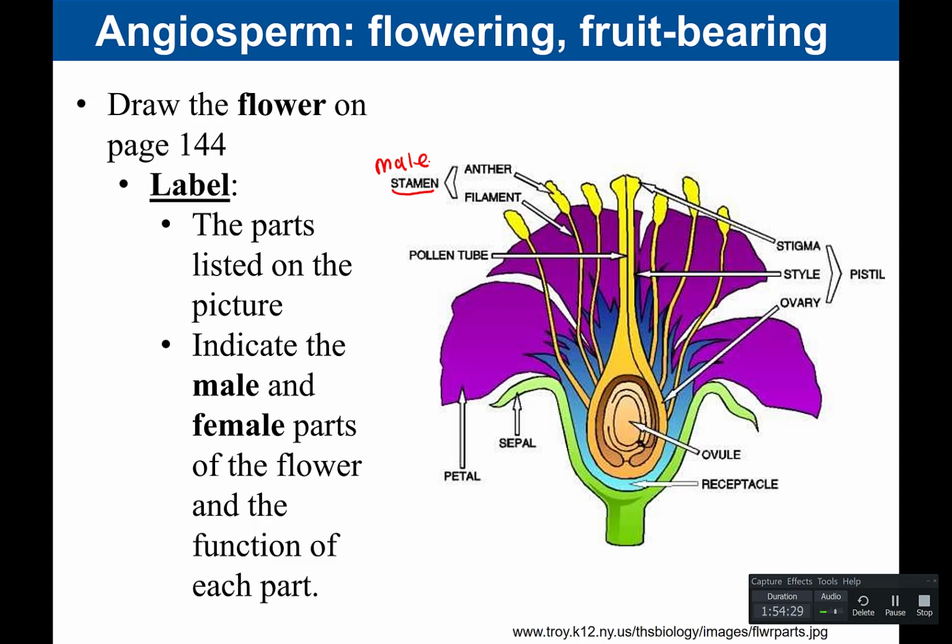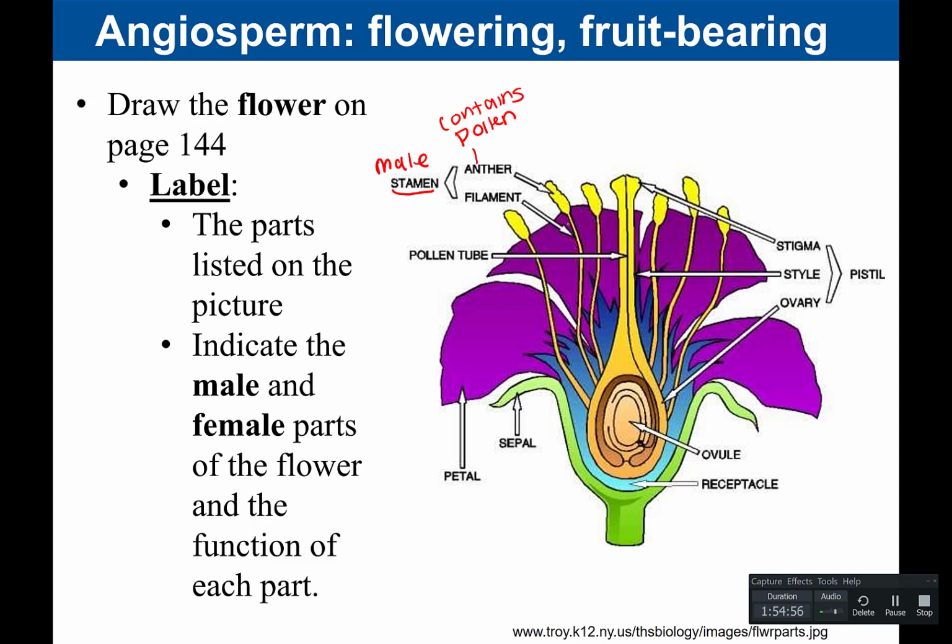And that is that the anther contains the pollen. And the pollen are the male gametes. So this little yellow structure here at the top is referred to as the anther, and that contains the pollen, which again are the male reproductive cells.